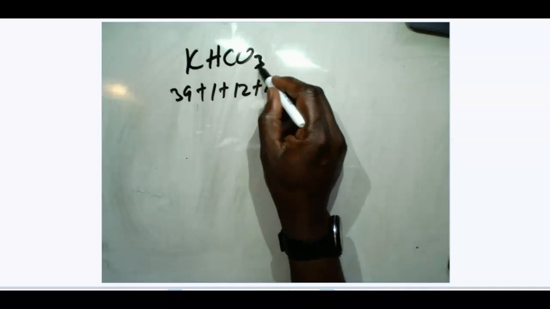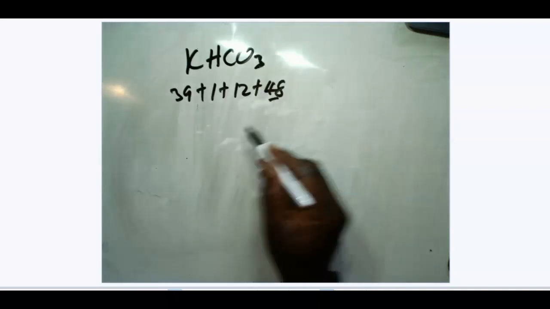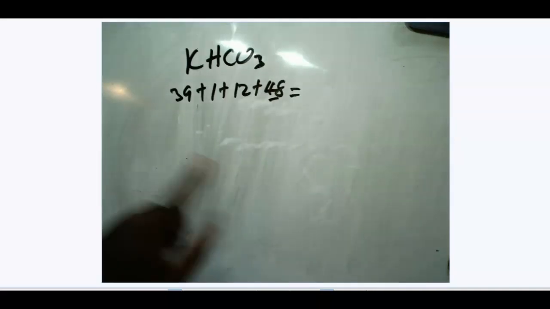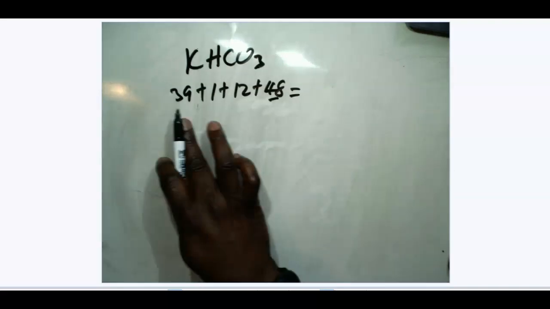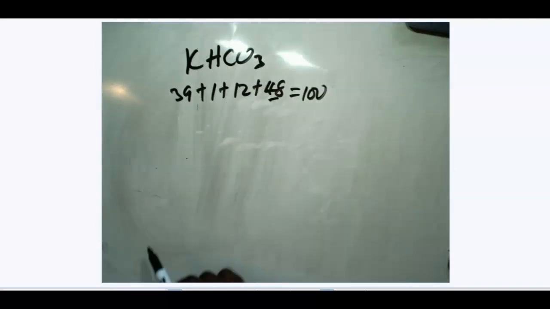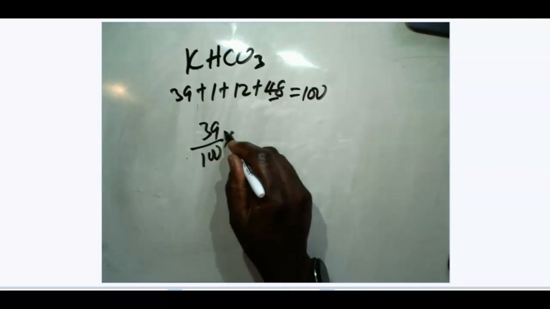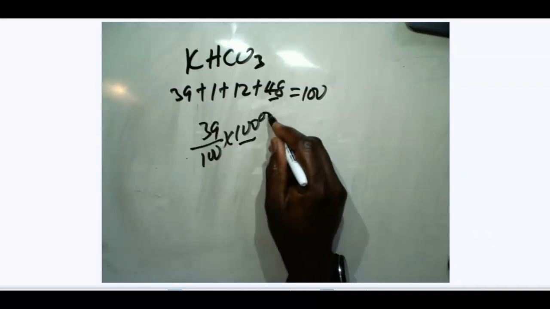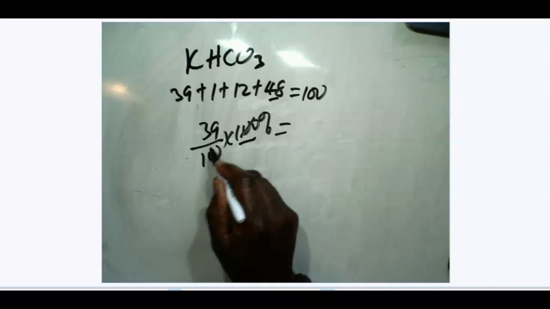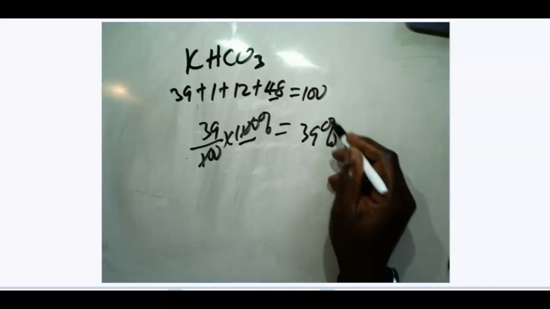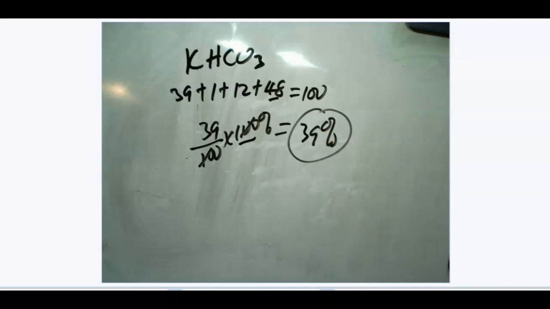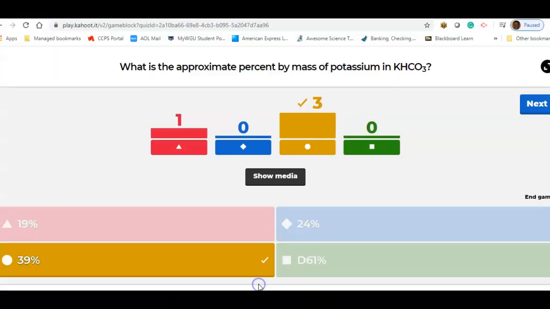That is 3 times 16 to give us 48. The total should be 100. So for potassium, it's 39 over 100 times 100%, which is 39%. All right?